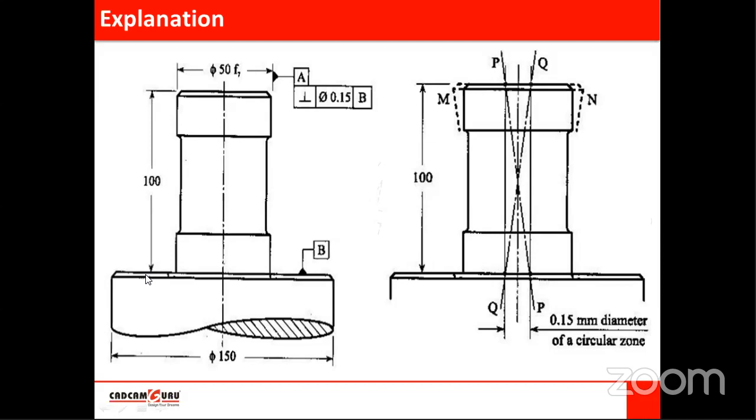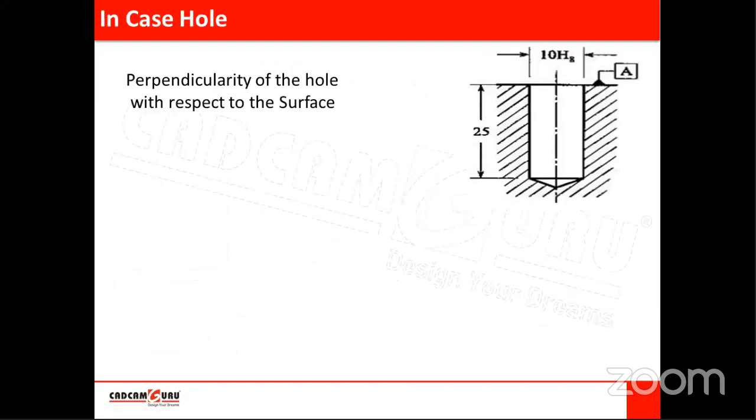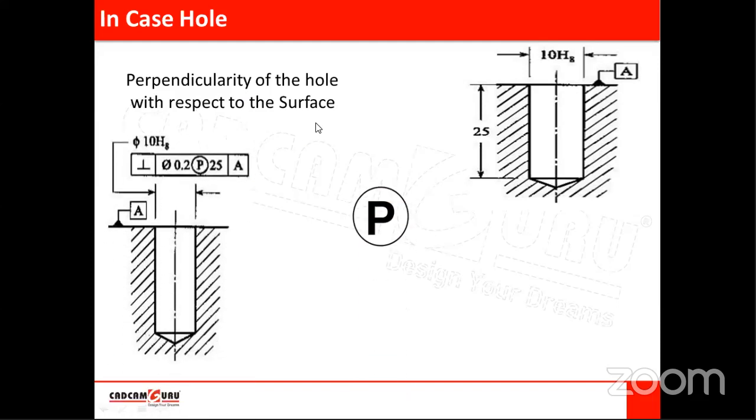But we can apply this case of perpendicularity between axis and surface to holes also, because we have seen that example of the cylinder block where the bore axis should be perpendicular to the top surface. So in the case of such holes, how do we apply perpendicularity of this axis with respect to this surface? So perpendicularity of a hole with respect to the surface.